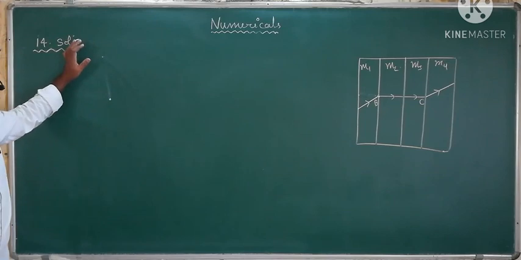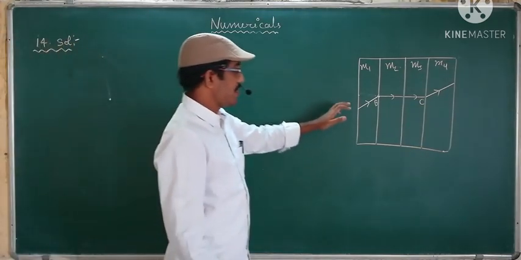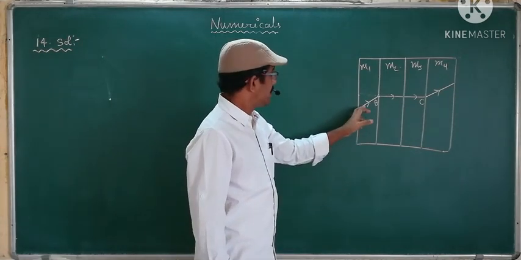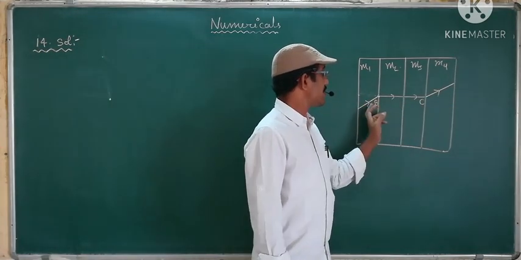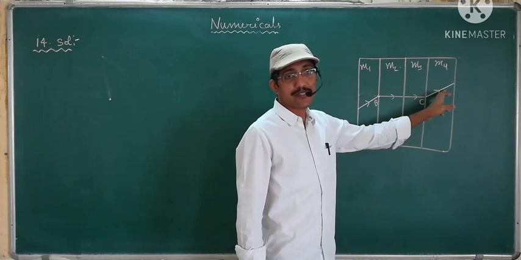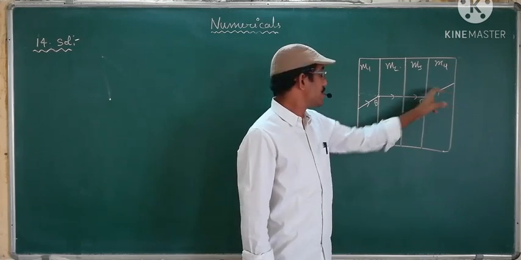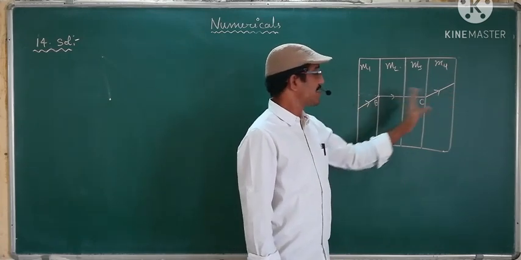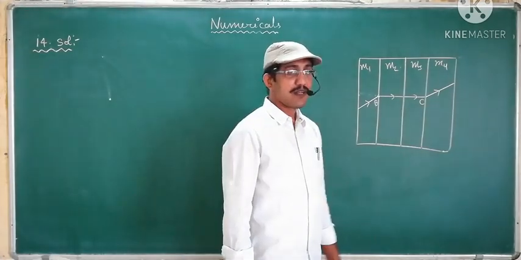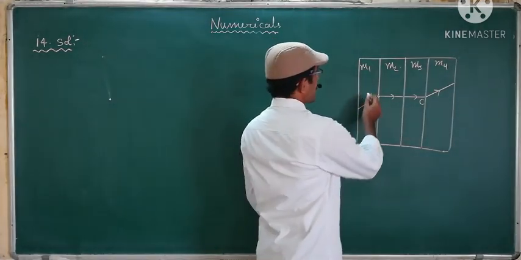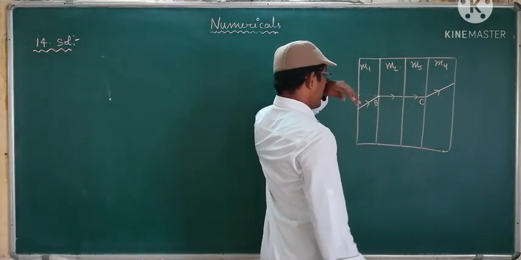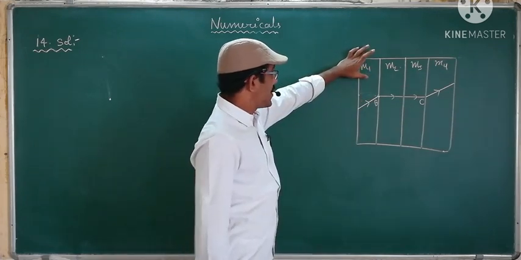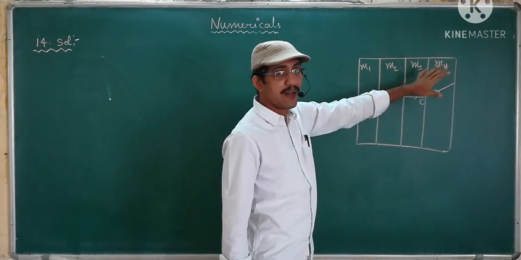Next, 14th question. Like this, a diagram is given in the question, and they mention that these two rays are parallel to each other. The direction is the same but shifted somewhat. Now, what is the relation between all these things? The four media are there.